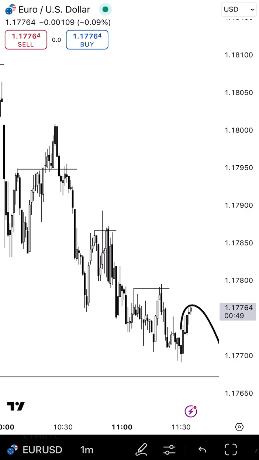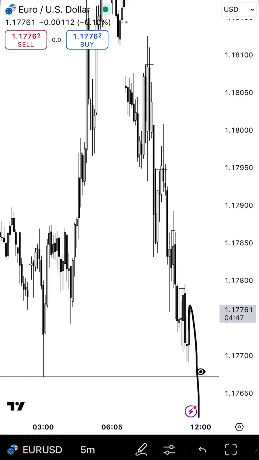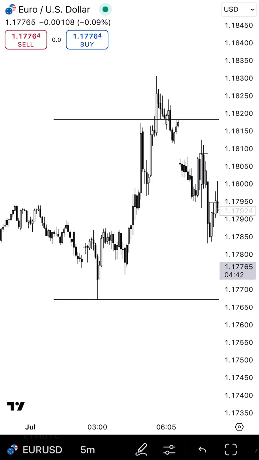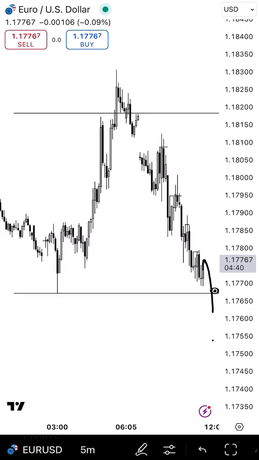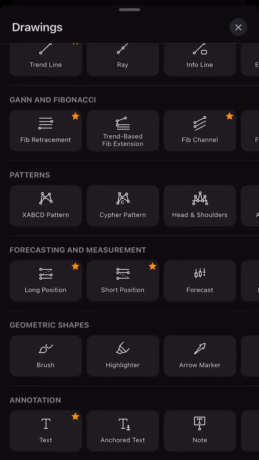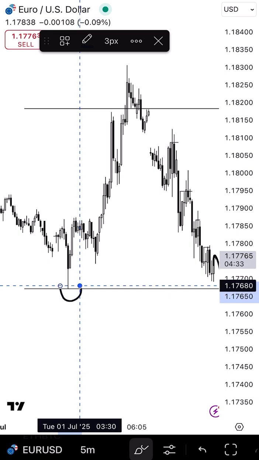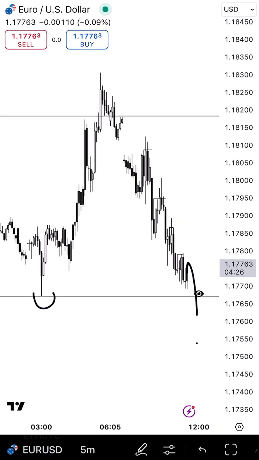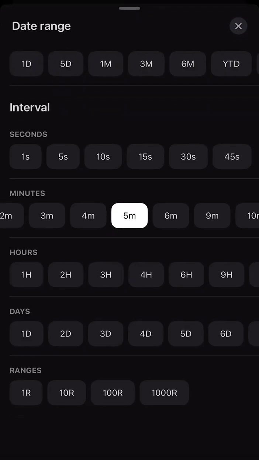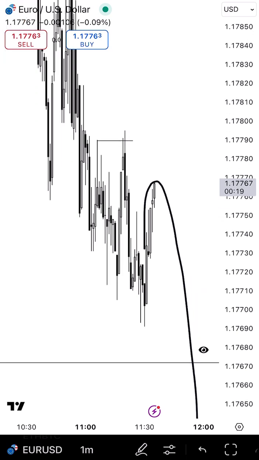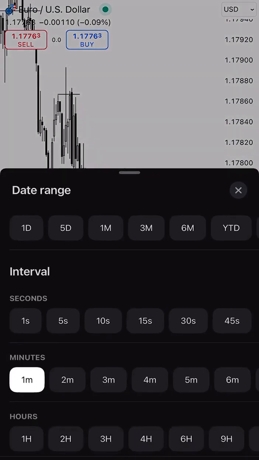Just note them down. Right here, there's a lot of sell stops, a lot of hopeful buyers. But there's stops right there. But hope is not a strategy. Hope is not a strategy.